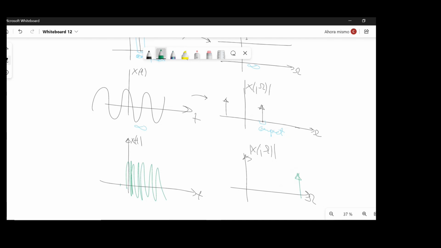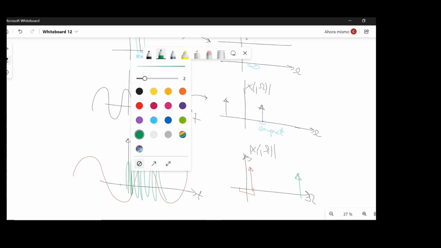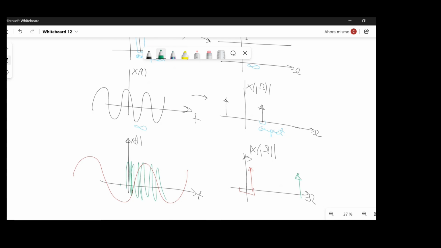What if I have a much slower frequency? I have this cosine. It should go here. So now if I look in terms of support, this support is small. This support is much bigger.